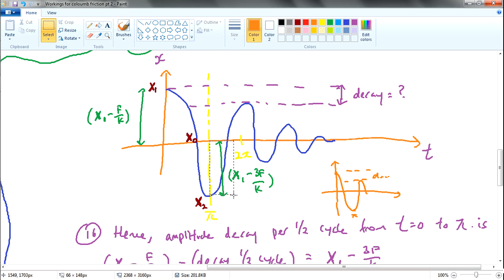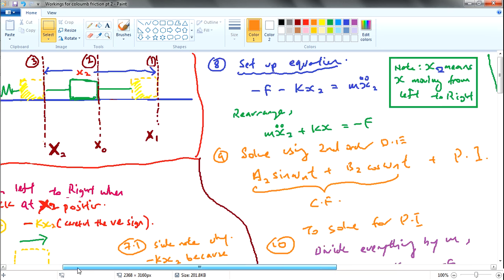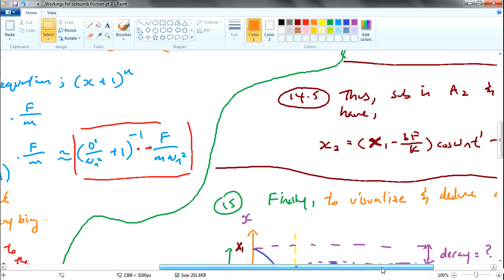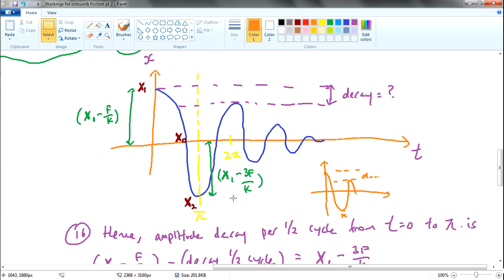However, this portion is not equal to this portion, because the amount of energy to spring back from this position back up is lower. So it takes slightly less energy.